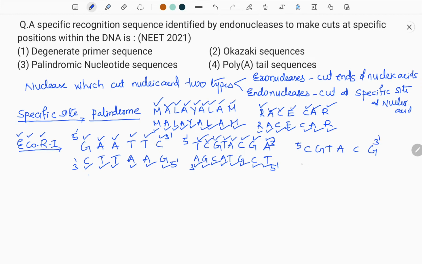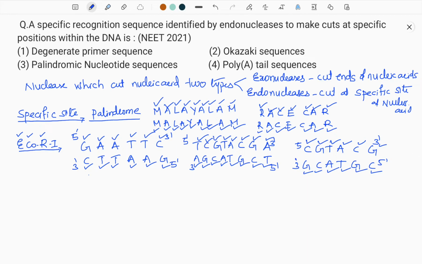And let us write 3 to 5 also, that is G, C, A, T, G, C. This is the 3 to 5 direction. And check whether it is the same palindrome or not. So these are the palindromes at which the restriction endonuclease will cut.